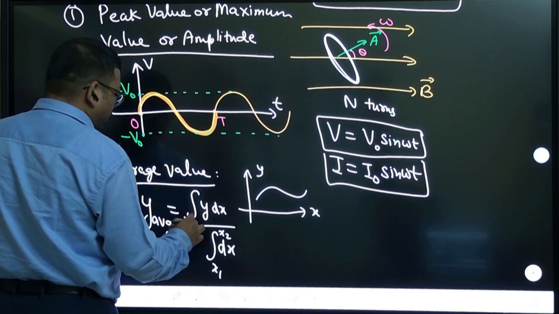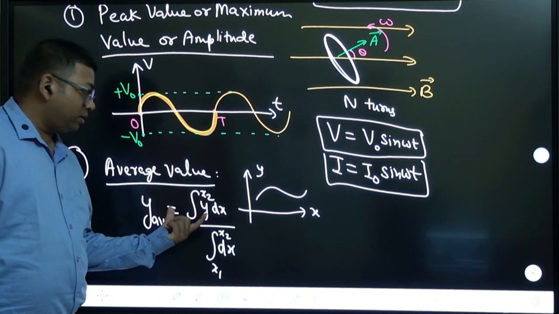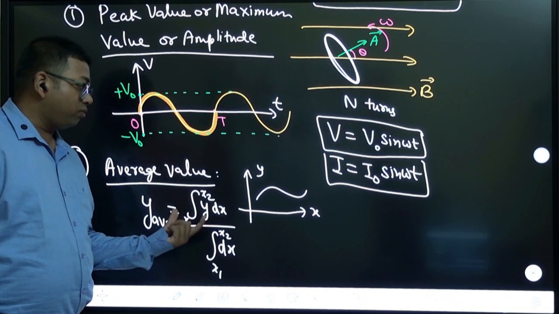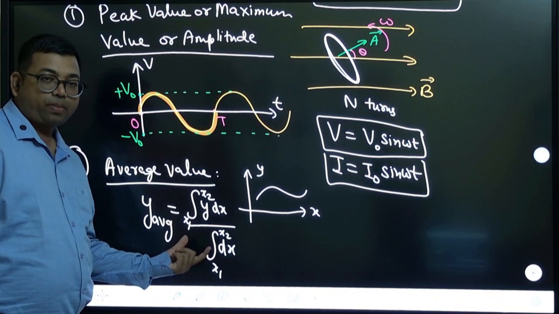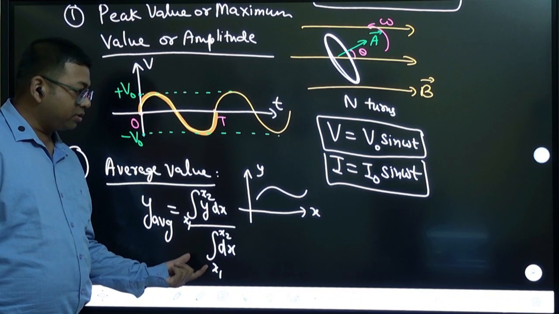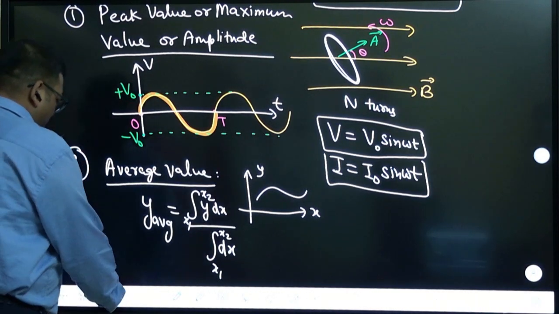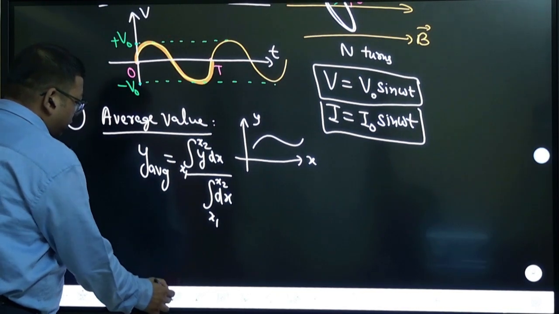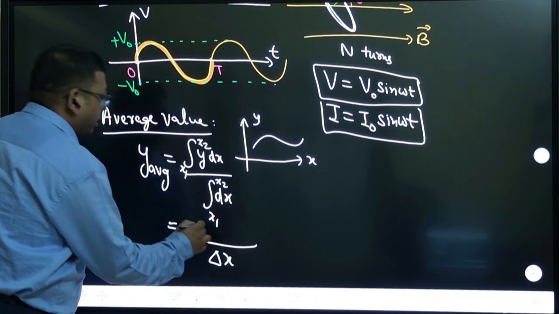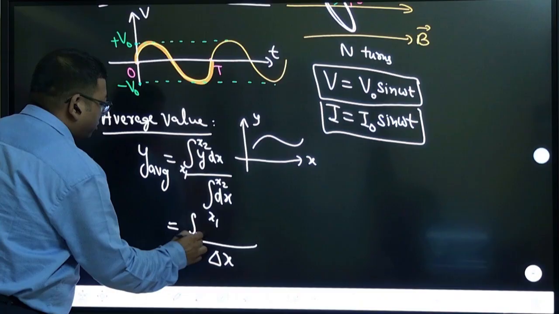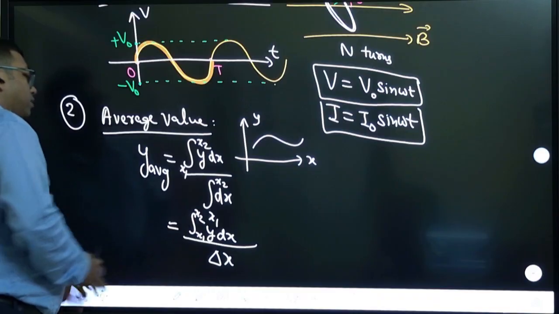In the numerator this is the integration of y dx, and in the denominator it is the integration of dx between the limits, which is nothing but delta x. In the denominator this will become delta x, and in the numerator it remains the same, integral from x1 to x2 of y dx. This is called average value.